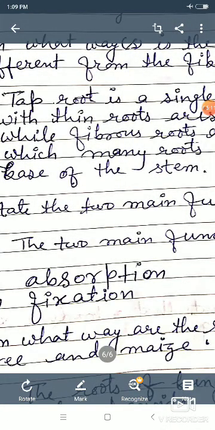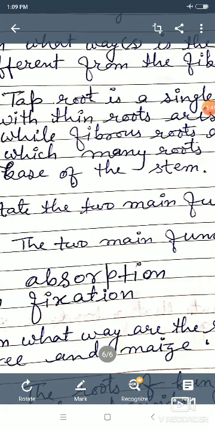Absorption means to absorb water and minerals from the soil, and it is done by the root of the plant. Absorption, A-B-S-O-R-P-T-I-O-N.